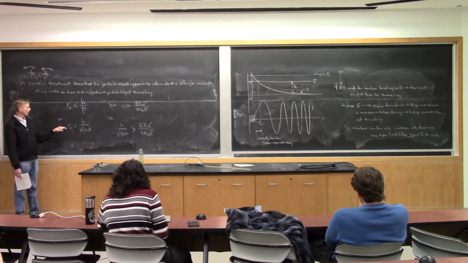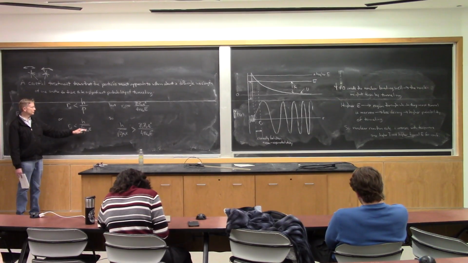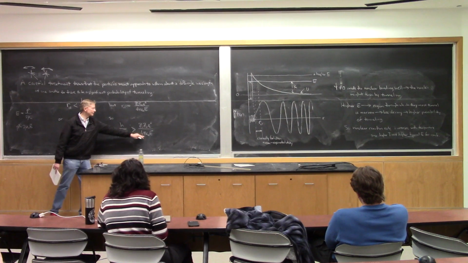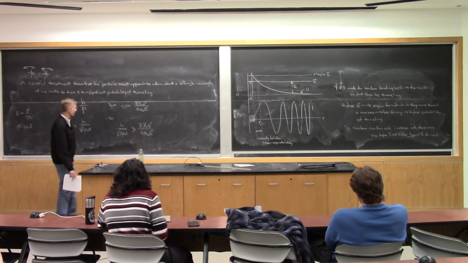In other words, R classical is less than h over square root 2 mu E, which means h over square root 2 mu E is greater than R classical, which is that expression right there.